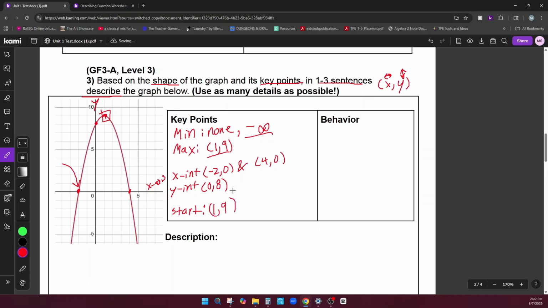So I have my 5 key points, and I'm going to talk about my behavior. Behavior is, what does my graph look like? It is for sure U-shaped. And our vocabulary for that is going to be, it is a parabola.